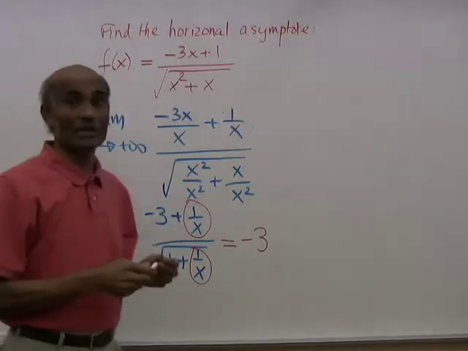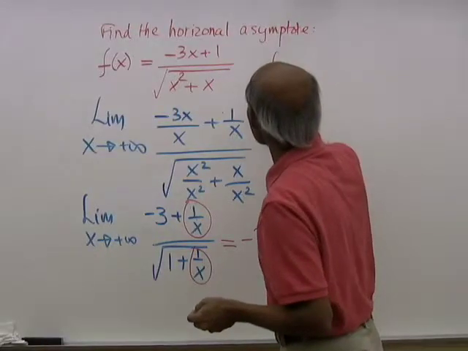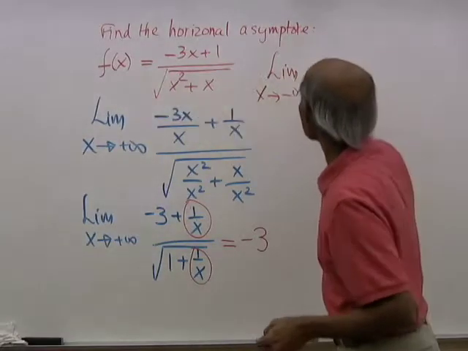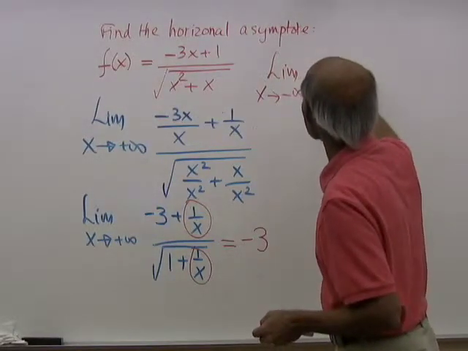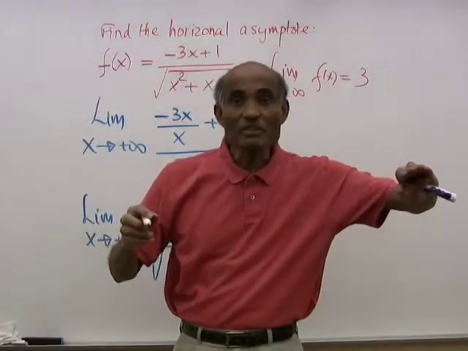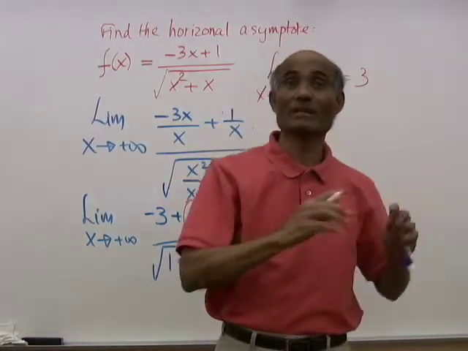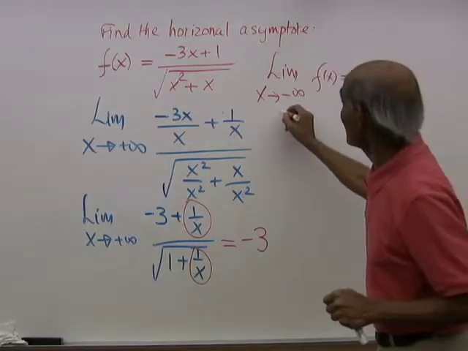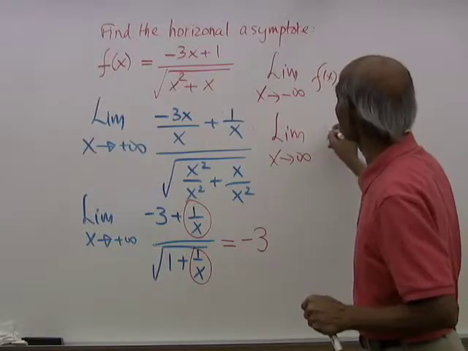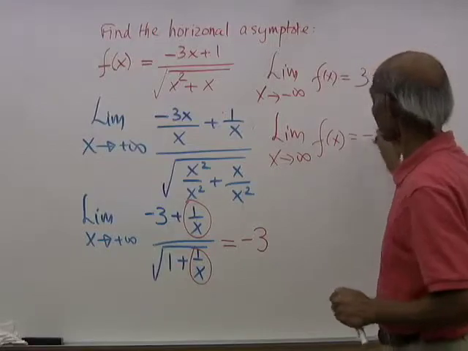What it tells you is that in the limit when x goes to negative infinity of this function, f of x, we found it equal to 3. As x goes to negative infinity, the function value will get closer and closer to y equal to 3. But limit x goes to positive infinity, the value of the function is negative 3.